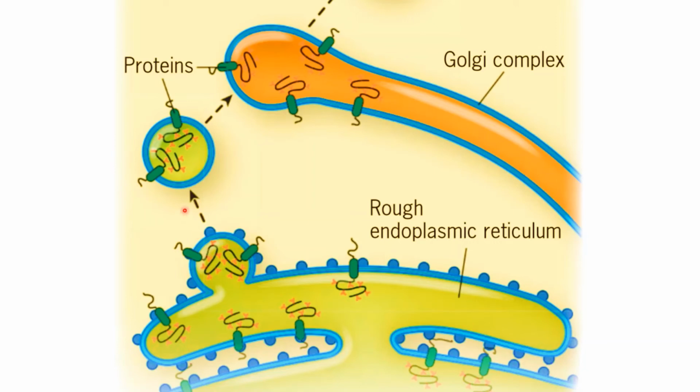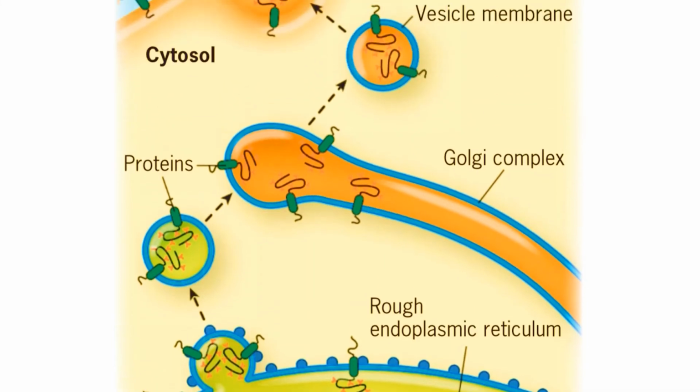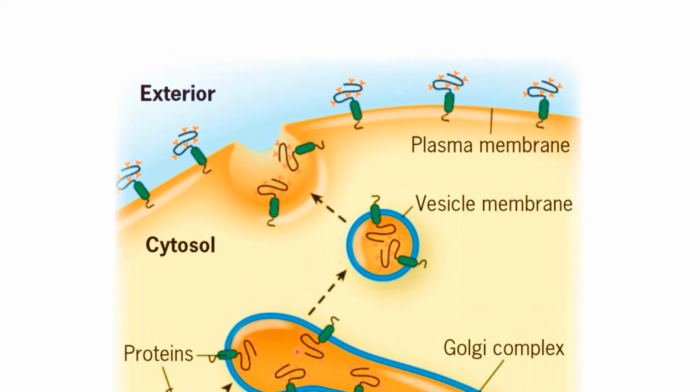As this moves into the Golgi apparatus, the carbohydrates stay within the lumen of the Golgi complex. And the Golgi complex sends this to the cell membrane itself. And look where the ones that are in the lumen are found now. They are now pointed towards the exterior of the cell, towards the extracellular matrix, perhaps.